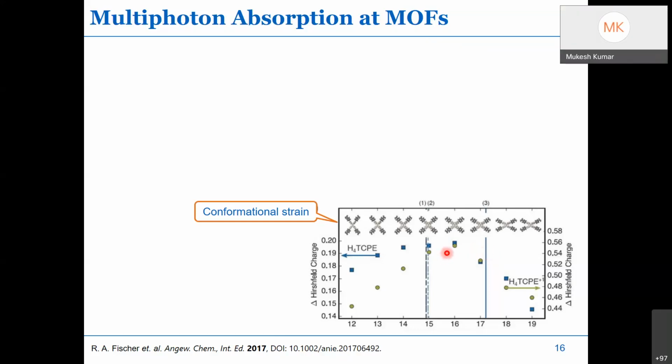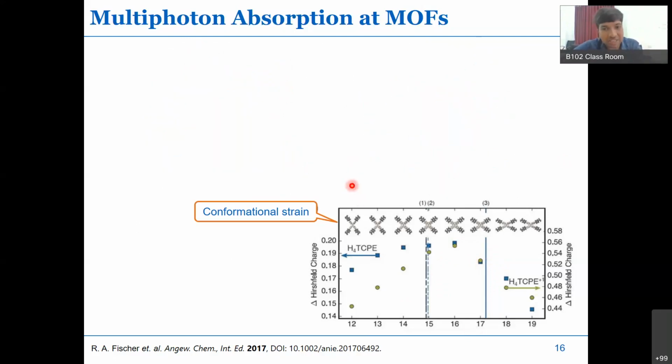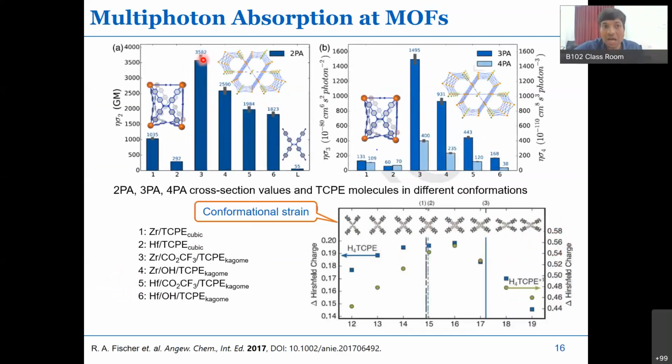So you see here, as you change the conformation, there is a strain and there is a charge polarization that takes place, and because of this, the compound which has the zirconium, which is of a more polarizable nature and better charge transfer because of the 8 connecting nodes, showed the highest ever multiphoton absorption cross section in the literature in those days.